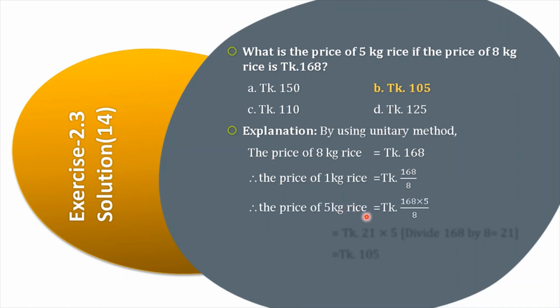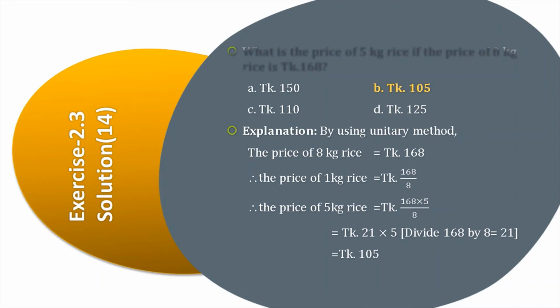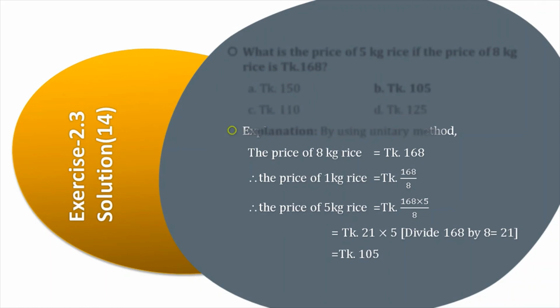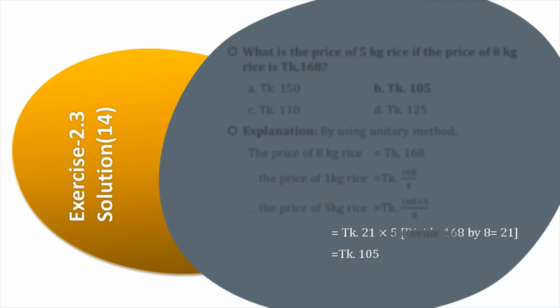The price of 5 kg rice equals taka 168 multiplied by 5, divided by 8. If we reduce, dividing 168 by 8, we get 21. And if we multiply 21 by 5, we get taka 105. That is our desired answer. So my dear students, for question number 14, the solution is 105, and this is our explanation.